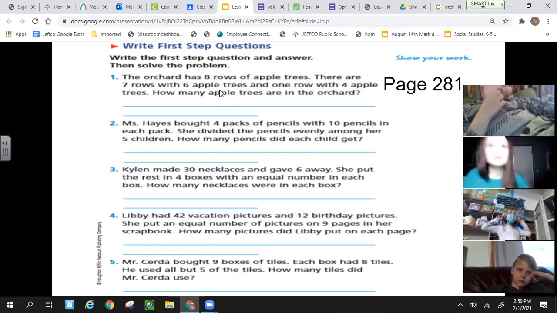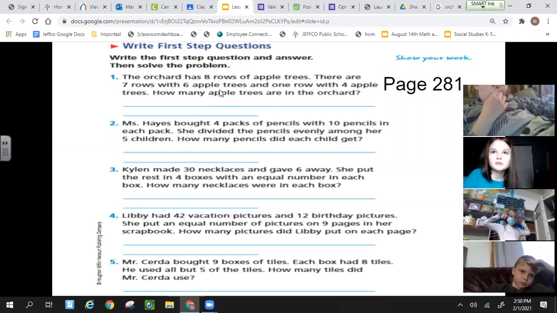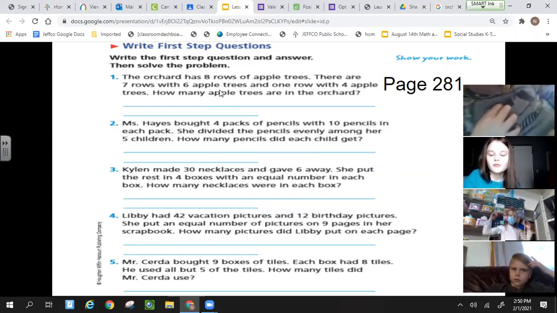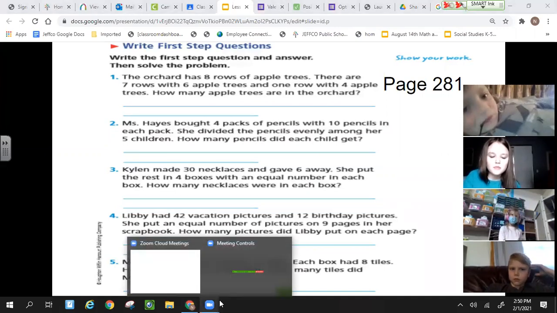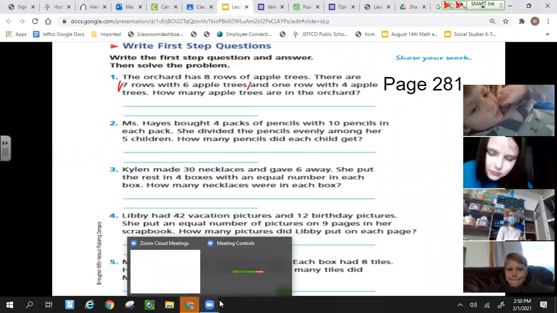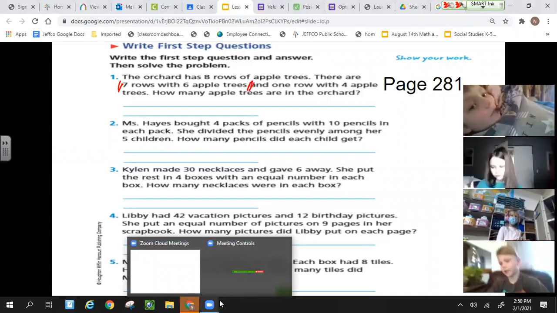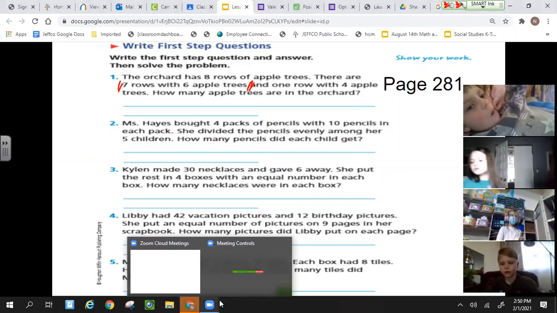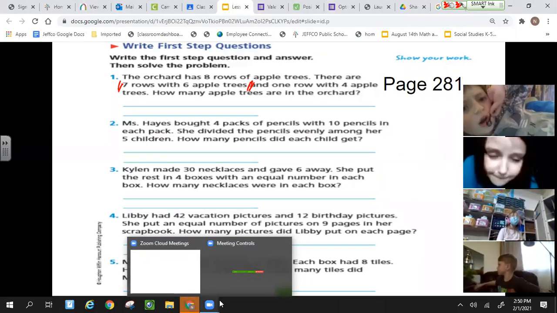I think we could stop it after 6 apple trees. Okay, so here, this one almost has 2 lines. Get your pencil. 7 rows with 6 apple trees. We need to know how many that is first, right?